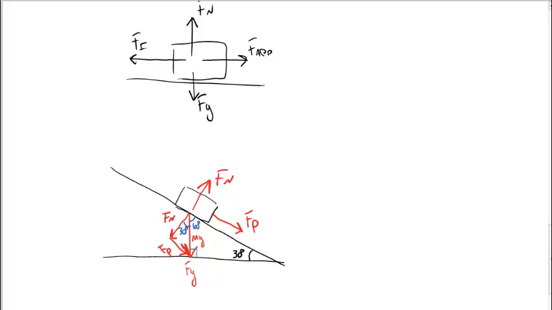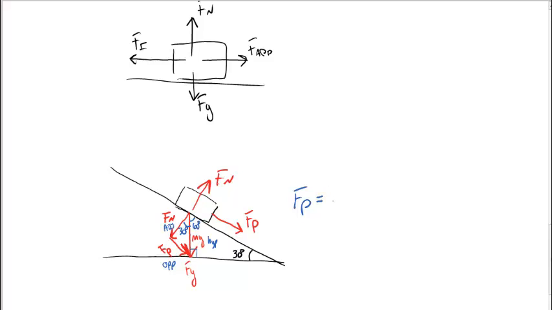Now we can find Fp and Fn because they are just components of the force of gravity. The side opposite my angle, this is the longest side, that's the hypotenuse, this is my adjacent side. So to find Fp, that's my opposite over hypotenuse. If we're looking at opposite over hypotenuse, we're using the sine function.